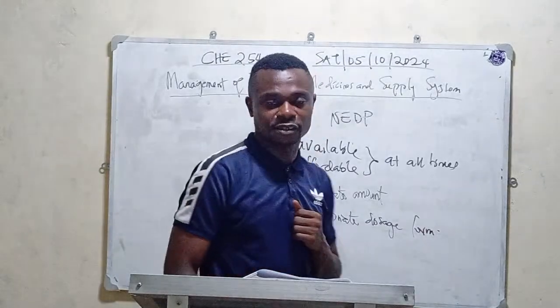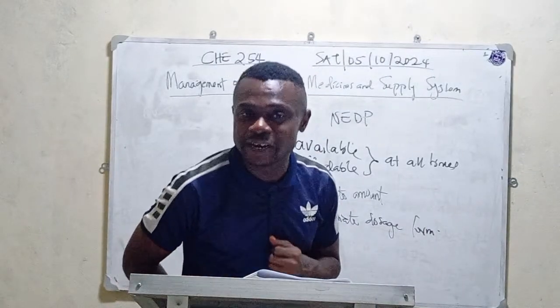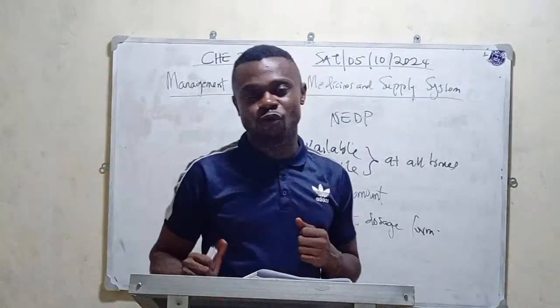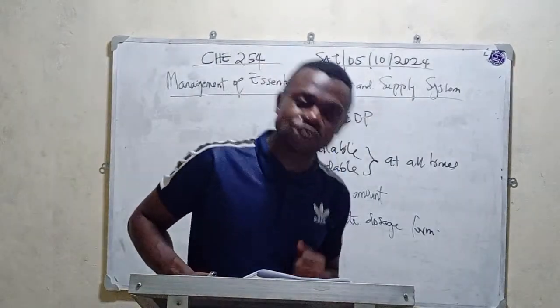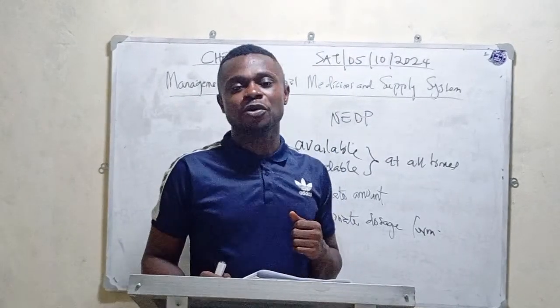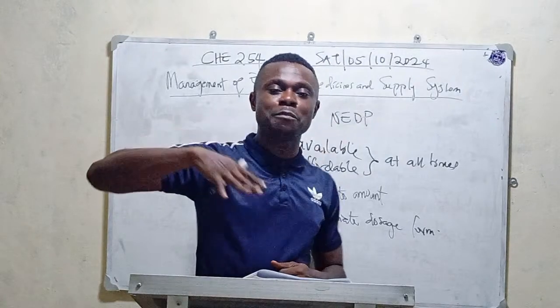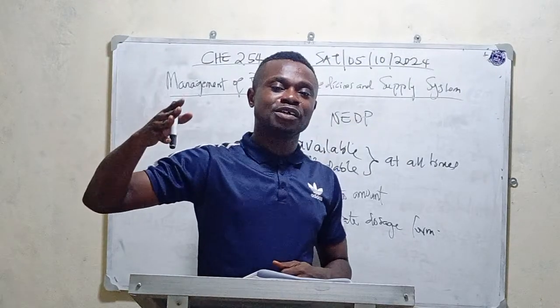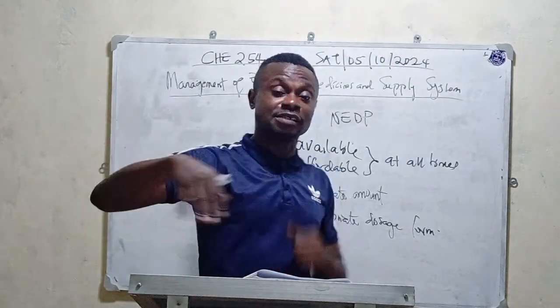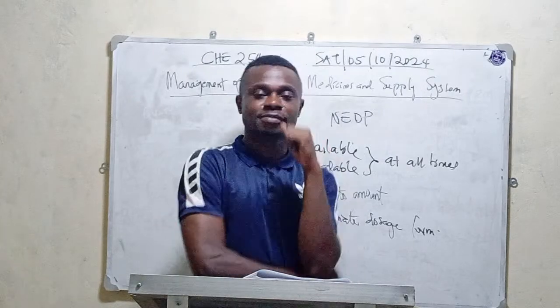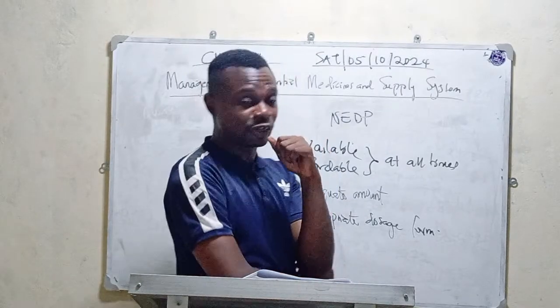Very important. Do they prefer more of tablets? Is it injection? Is it syrup? In a place where the majority of them are children and you load it with tablets, it's a problem. So these are things that we take into consideration.